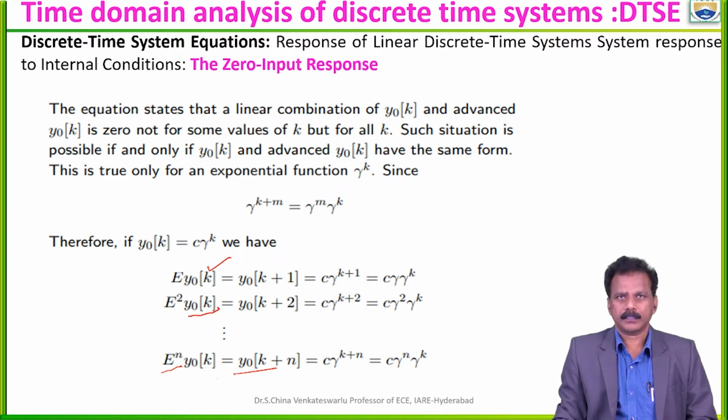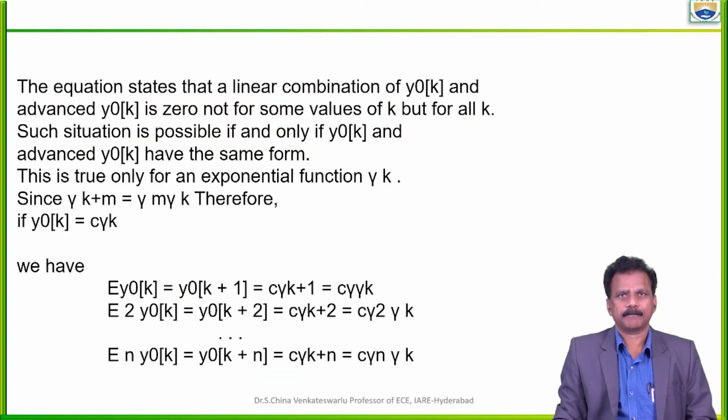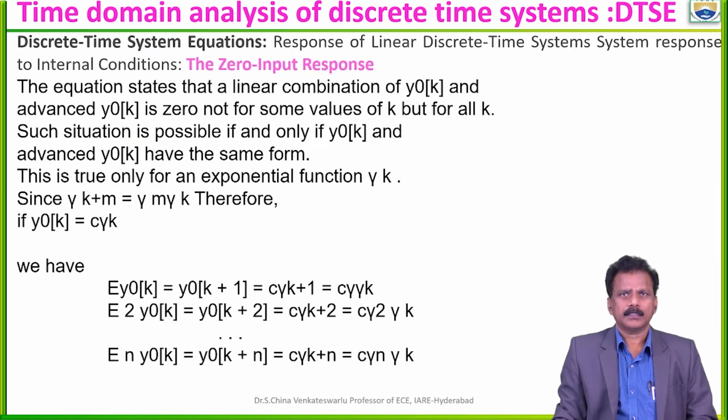After that we expect the response of the linear discrete time system to internal conditions to be based on the zero input response. The equation states that the linear combination of y0 of k and advanced y0 of k is 0, not for some values of k but for all k.